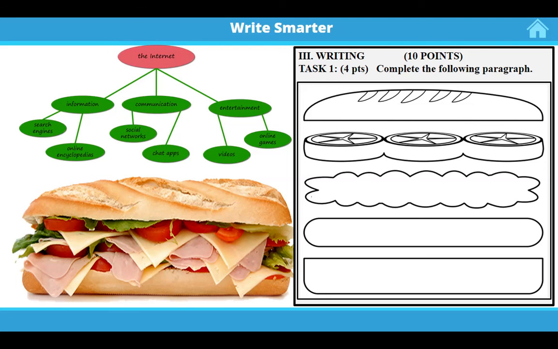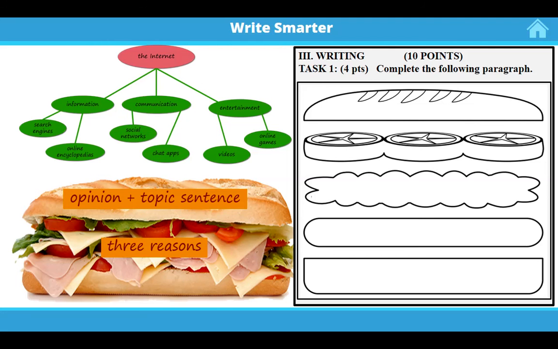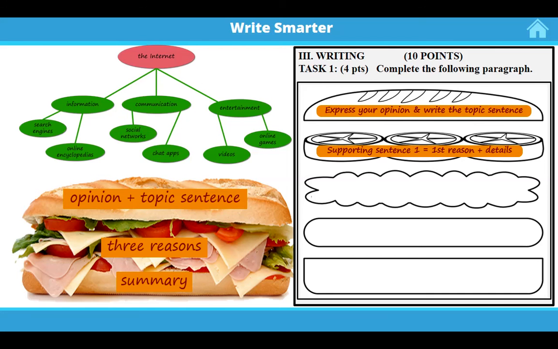Okay, so now going back to our task and our brainstorming organizer. First, we need to give our opinion and write the topic sentence, which is already done for us by the examiner, as you can see here. Next, we need to outline the 3 reasons one by one. So supporting sentence 1, we need to give our first reason and the details.